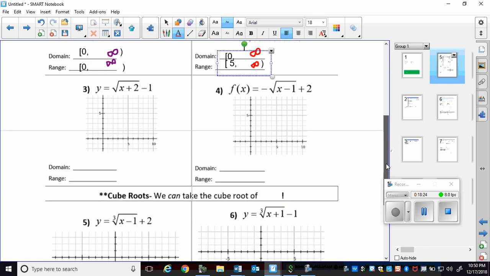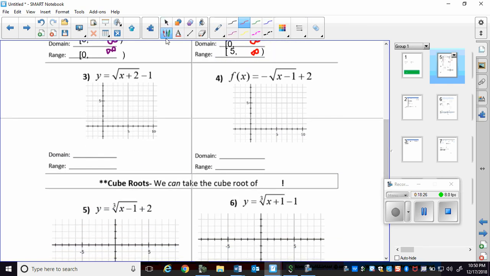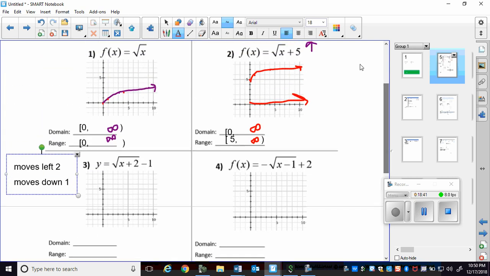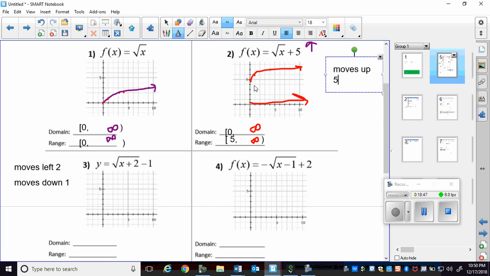Alright, next one, I'm going to describe it in words. So there's a +2 inside, so it moves left 2, and then it moves down 1. You do it up here as well. Each point moves up 5.